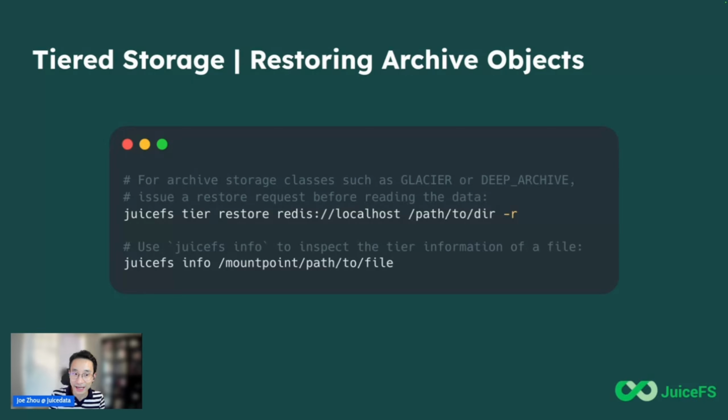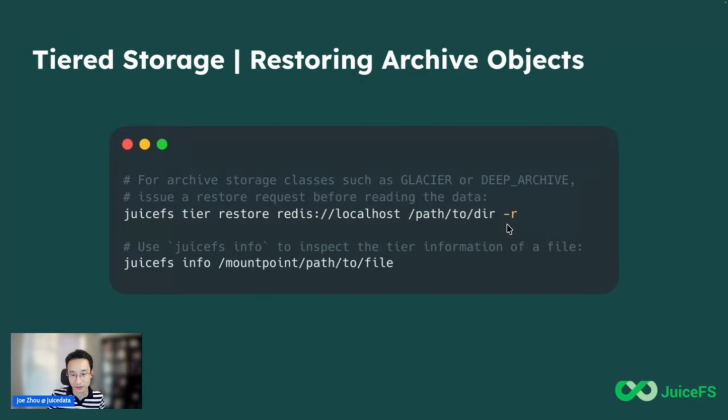What we can do is use the subcommand juicefs tier restore, then the metadata engine URL, and then we specify a path to a directory or maybe a file. In this case it's a directory, and we use -r to process the files recursively, so that we send a restore object request to all the objects underneath that archive tier.